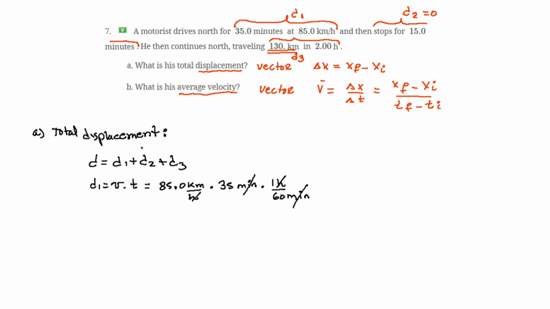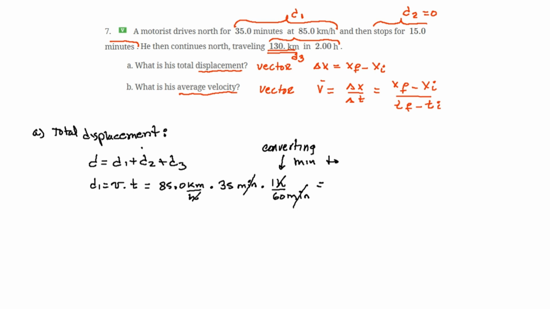So that means that I have to multiply 85 times 35 and divide that by 60, right? Because like that, when I do this 1 hour over 60 minutes, what I'm doing is converting the 35 minutes into hours in order to cancel the hours of the kilometers per hour, right? I cannot cancel minutes with hours, right? That's why I have to do this conversion here. Here I am converting minutes to hours.